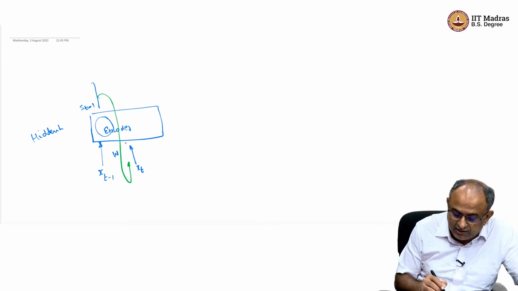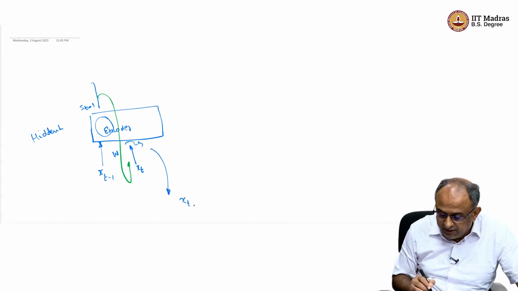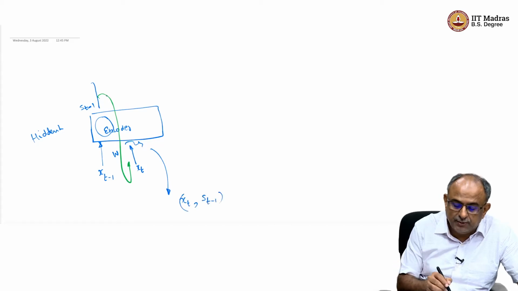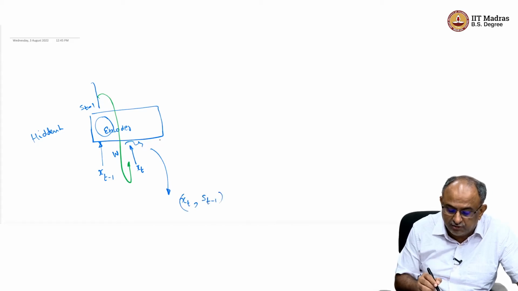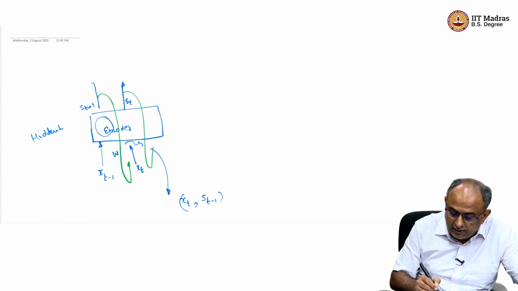At this point I need two inputs. I need xt, but I can't feed xt without getting st minus 1. So I have to process st minus 1 and get the output before I feed it to the encoder. Then at this output I will get st, which again gets fed back, and along with it I will feed xt plus 1.